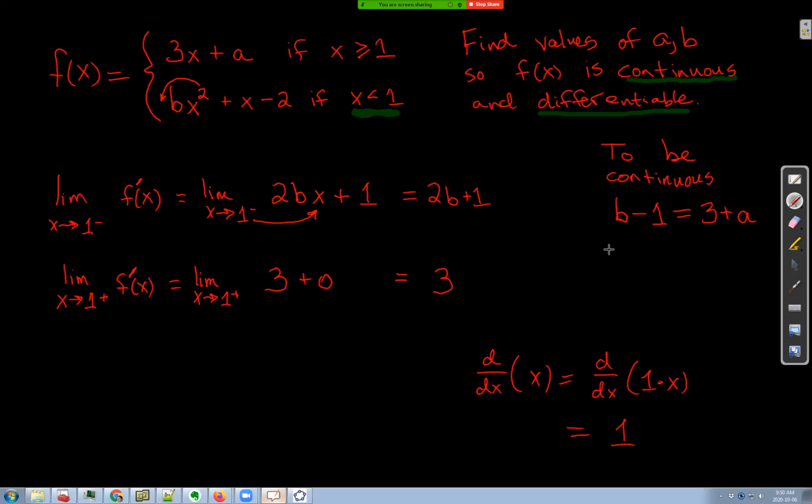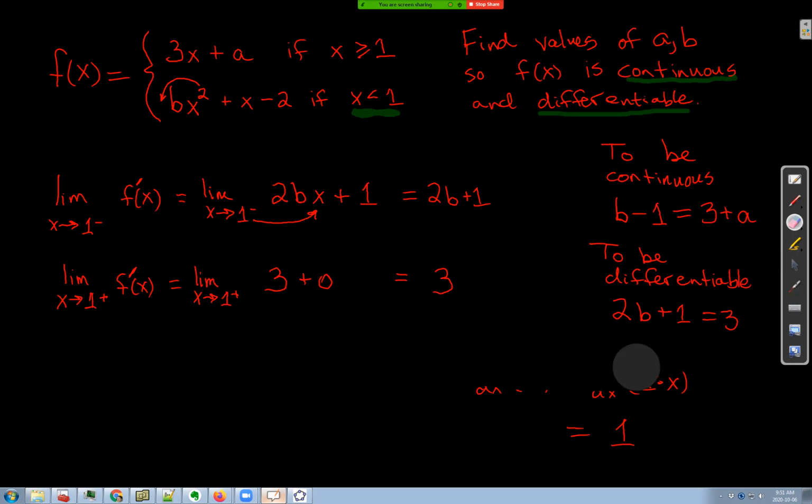All right, so we now know that to be differentiable, we have to have that 2b plus 1 is equal to 3. Okay, so let me see here.